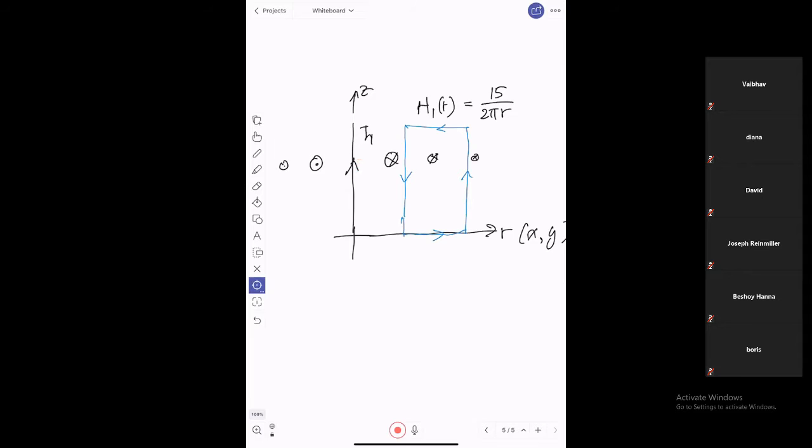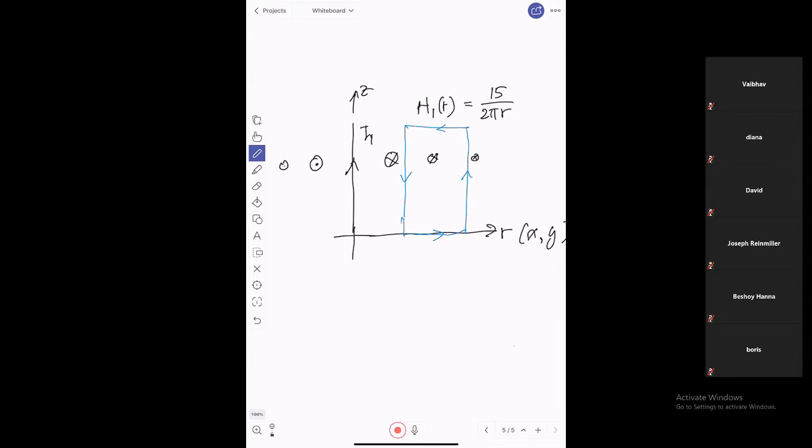Is that clear? So now, I want to know what are the forces. So what is the so-called magnetic force that we've learned before, right? The Lorentz force. So now I also have to do it this way. For each, I know the current flow here, right? So how does it affect each element?